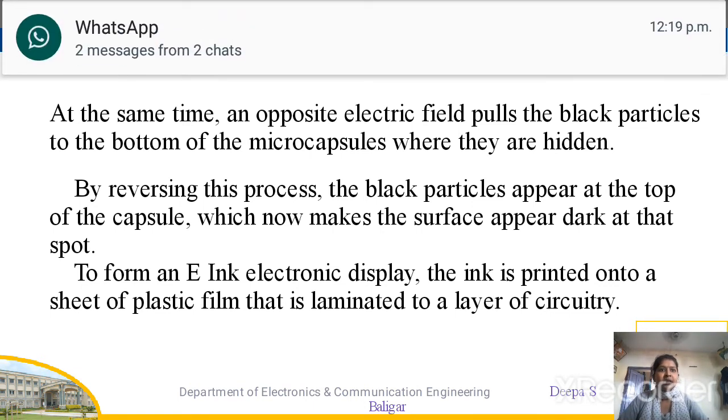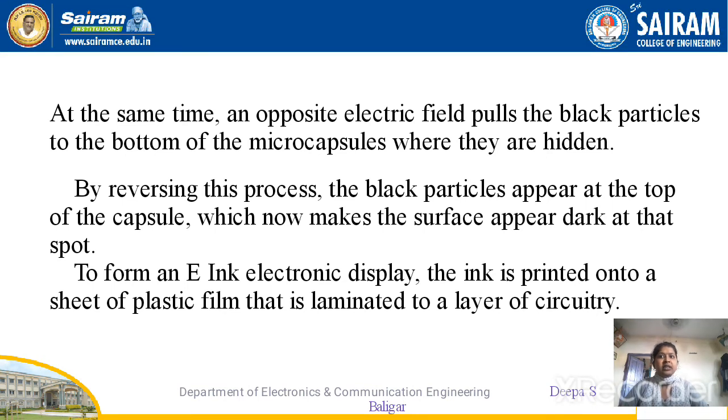The black and white particles have opposite charges, and on applying an electrical supply, the white particles appear at the top or both sides of the layer created by the e-display, and reversing this process makes the black particles appear at the top of the capsules.